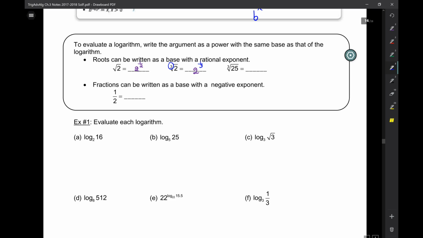Whatever the number inside the root is, this number is called an index, and it becomes the denominator of my exponent. Okay? So then what would the cube root of 25 be? 25 to the power of what? 1 over 3. But can we go further with the 25?